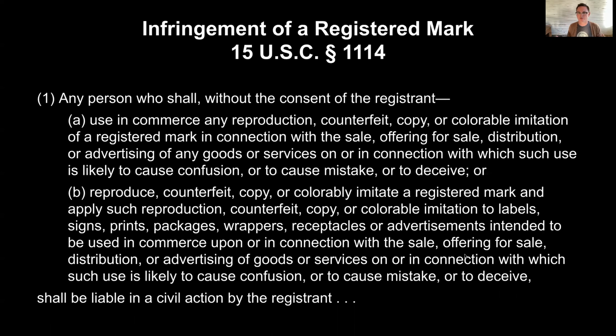But trademark owners can sue under different elements of the Lanham Act for infringement of a registered or an unregistered mark. So the standard for an infringement claim in relation to a registered mark is essentially any form of confusion that it might cause in consumers, whatever that might mean.